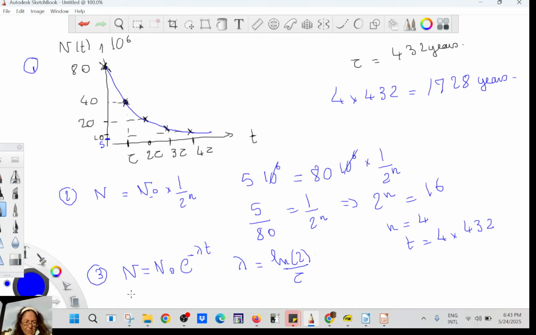So here you're going to have 5 equals 80 times e to the minus lambda t, so 1 over 16 is e to the minus lambda t.